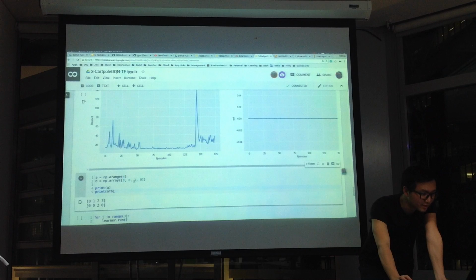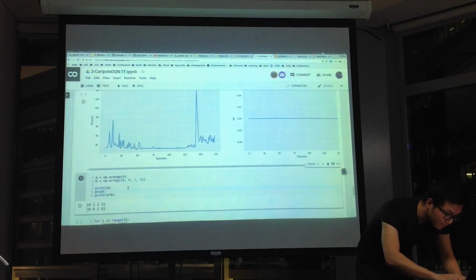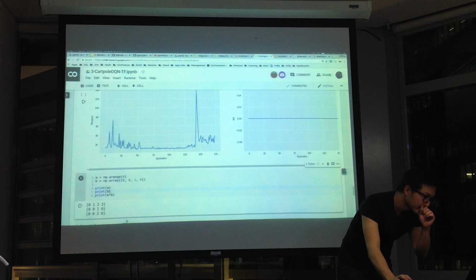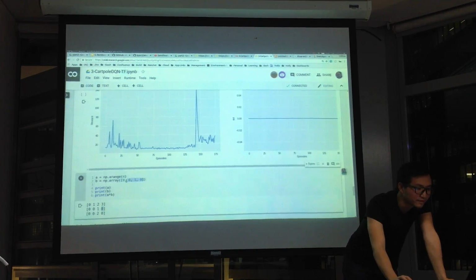Does that make sense from a selection perspective? When you do a matrix multiplication, if all of them are zeros, in fact this is not even a matrix, you get the point. When you do A times B, what happens is you have 0 times 0, 1 times 0, 2 times 1, 3 times 0. And so the result is your one hot selection.